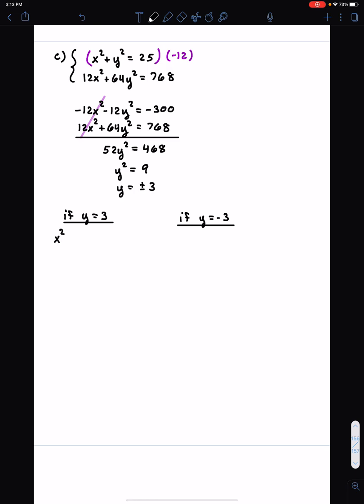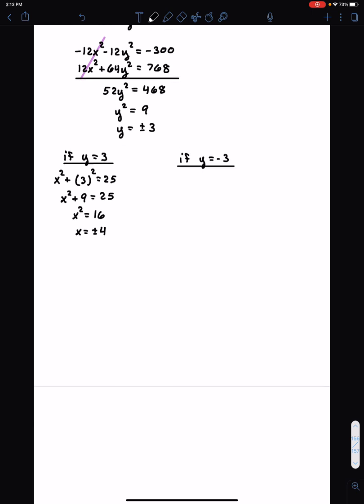So x squared plus 3 squared is equal to 25. So x squared plus 9 is 25. If I subtract 9, x squared is 16. If I take a square root of both sides, x is plus or minus 4.